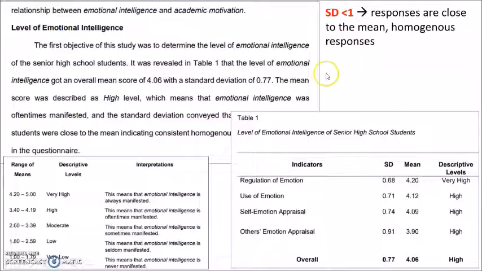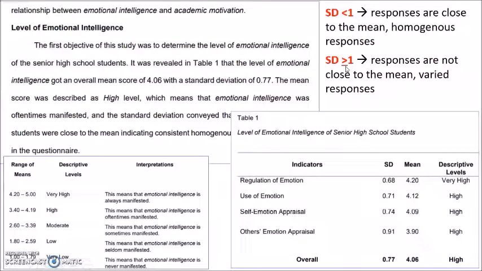So, when the standard deviation is greater or equal to 1, the responses are not close to the mean, indicating that the responses are varied. No? Varied sila. Ibig sabihin, iba-iba. Halimbawa, eto, 4.06. Pero yung standard deviation, let's say 1 point something. Meaning, medyo maraming ang nag-4 yung response, pero may sumagot din ng 1, which is very far from 4.